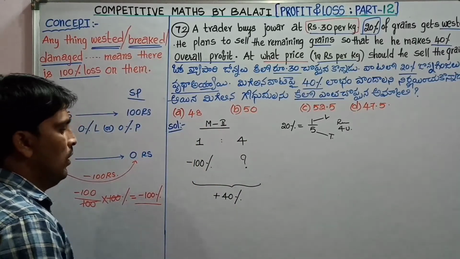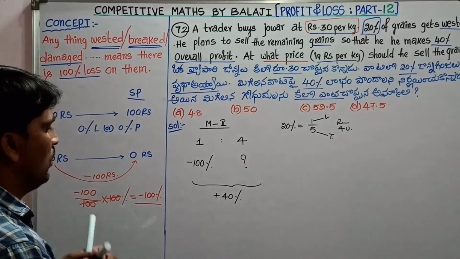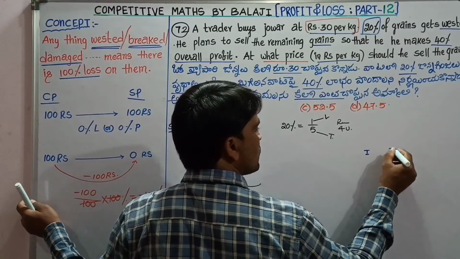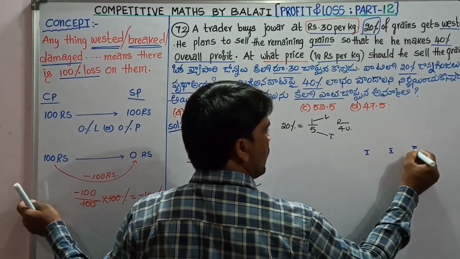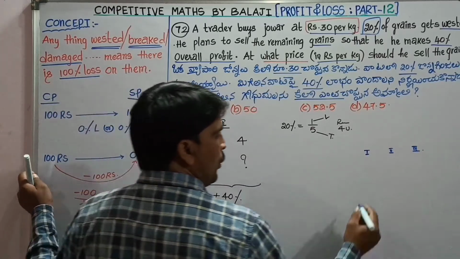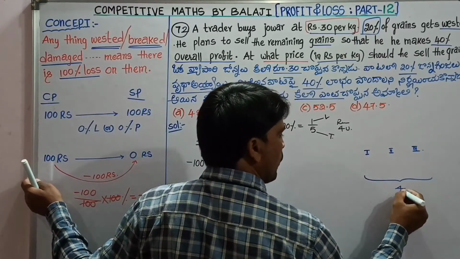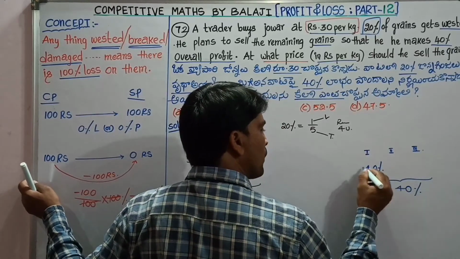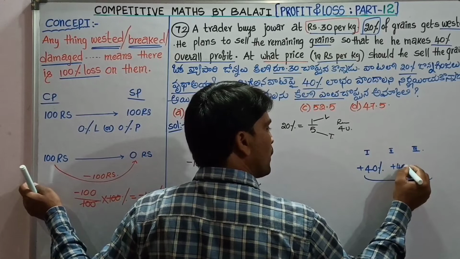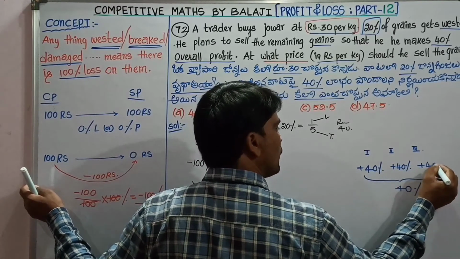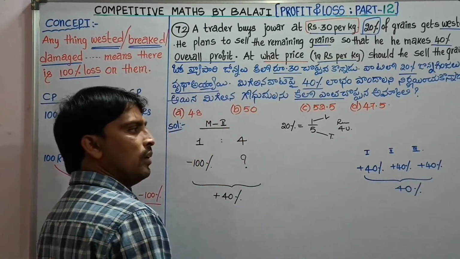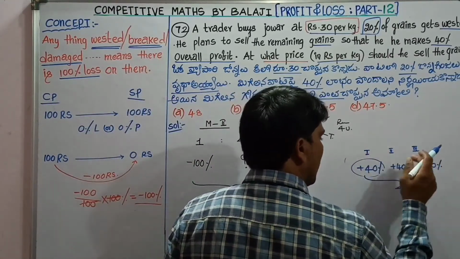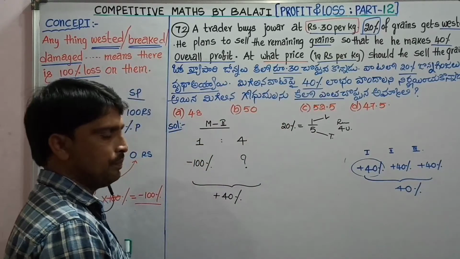Now see, method 2 is to get overall profit. Suppose we have 3 articles of the same kind. To get overall 40% profit, we have to sell the first article at 40% profit, the second article at 40% profit, and the third article also at 40% profit. If we get 40% profit on each article, we get overall 40% profit.